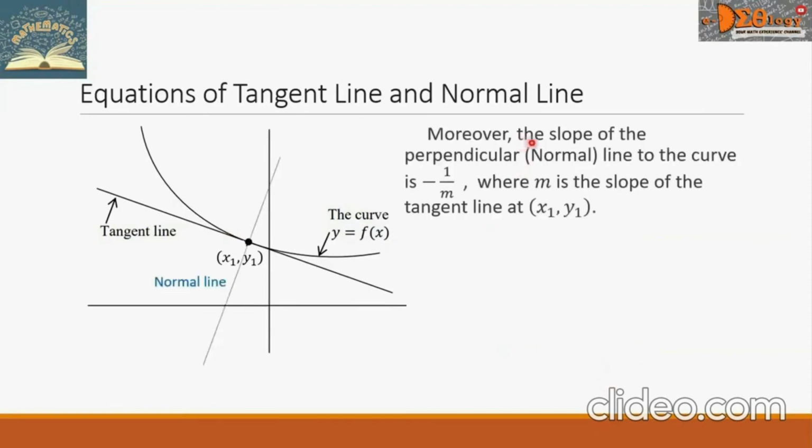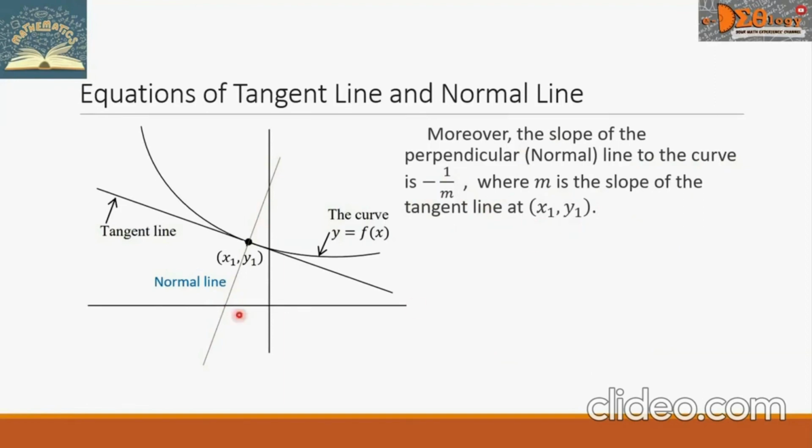Moreover, the slope of the perpendicular line, and we call this normal line, to the curve is negative 1 over m, where m is the slope of the tangent line at the point x sub 1, y sub 1.